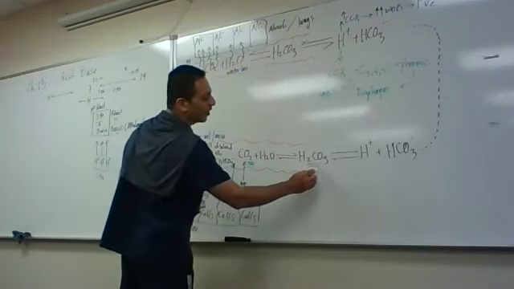If my CO2 goes up, carbonic acid will go up. And if my CO2 goes down, the carbonic acid will go down. That's what it means. So volatile acid is in equilibrium with the dissolved gas, and the gas we're talking about is CO2 at this point.